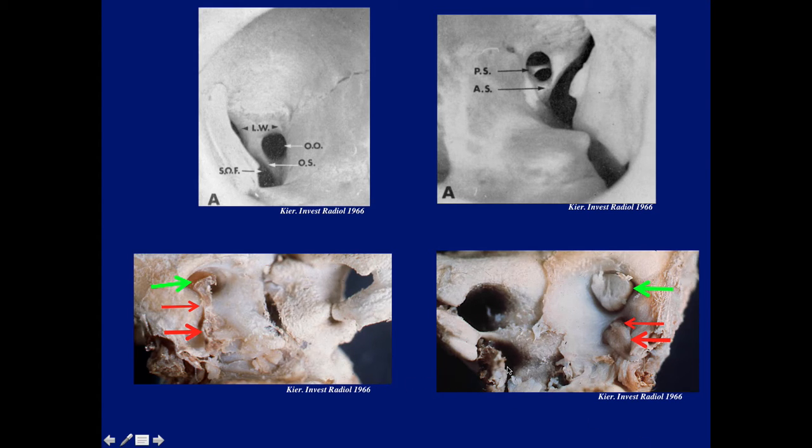And we can see here on these fetal specimens, here the ophthalmic artery is going to enter below the optic nerve, but here it's a split canal with a separate canal for the optic nerve, and the ophthalmic artery enters below, just like in this specimen. I have not seen that yet on a CTA, but I would be happy if somebody could find a case and give it to me.